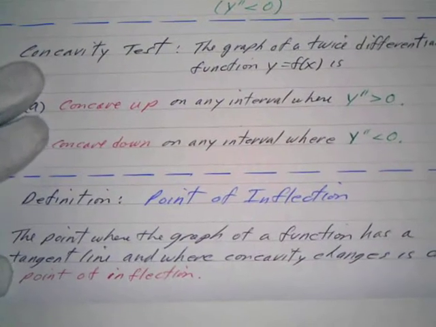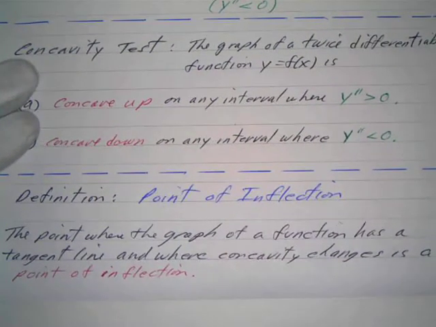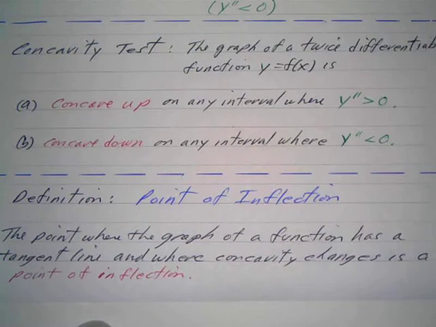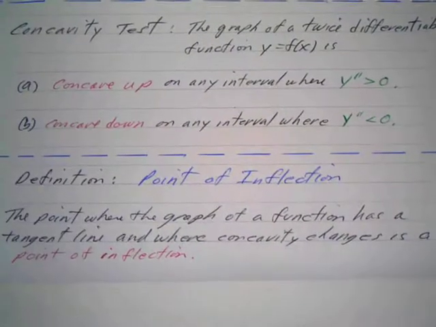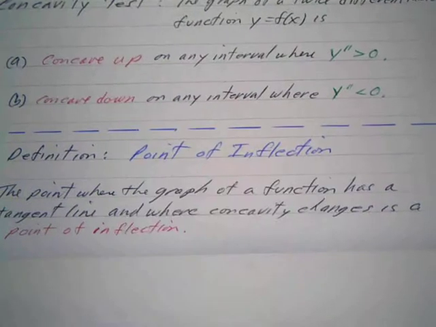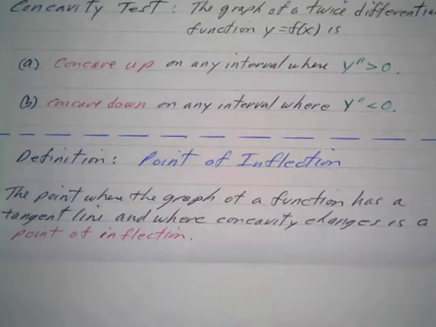So where concavity changes is called a point of inflection. We have to find those things. So let's try this, and this is what we usually call the second derivative test. There's another application for the second derivative test, but our basic one is for finding concavity and points of inflection. So let's take a look at an example.